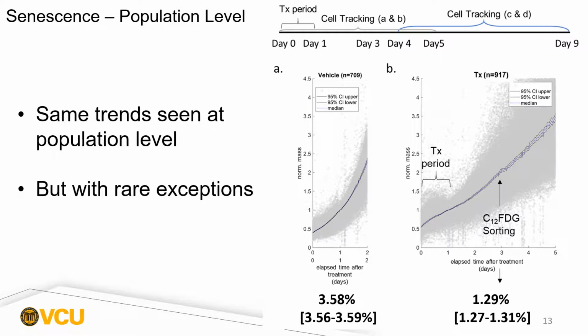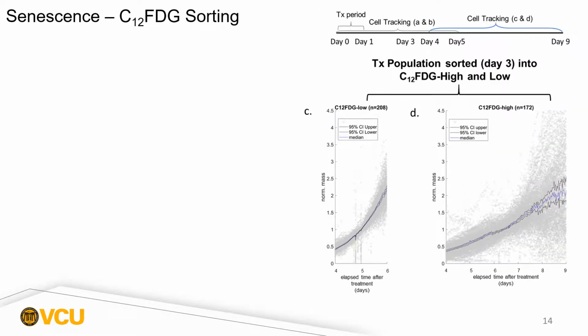Beta-galactosidase is typically upregulated in senescence. After performing cell sorting at day 3, we looked at those that showed C12FDG high fluorescence, so a high presence of senescence beta-galactosidase, and those with a low presence.